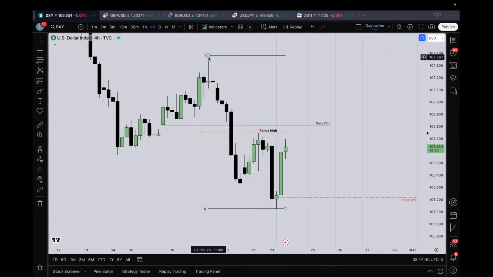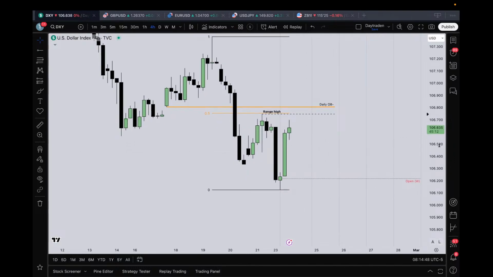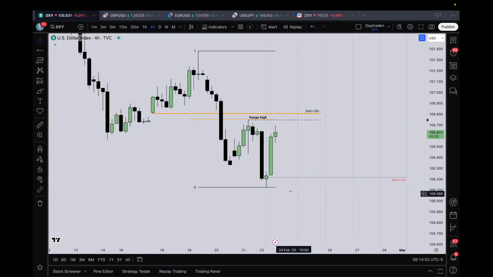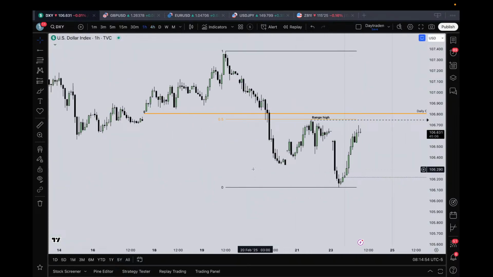You can clearly see this high and this low, and this is the beginning of that daily order block, which has been established. This is the New York weekly opening price.